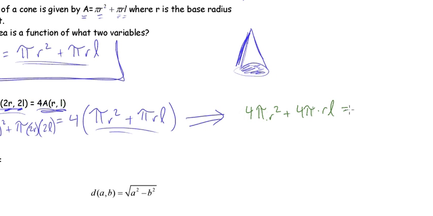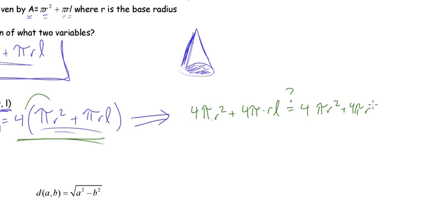Does it equal, and hopefully we see that it's going to. So distribute our 4, and I'm dealing with the right hand of the equation here. 4 pi r squared plus 4 pi RL. And hey, these are the same. 4 pi r squared, 4 pi r squared, plus 4 pi RL, 4 pi RL.